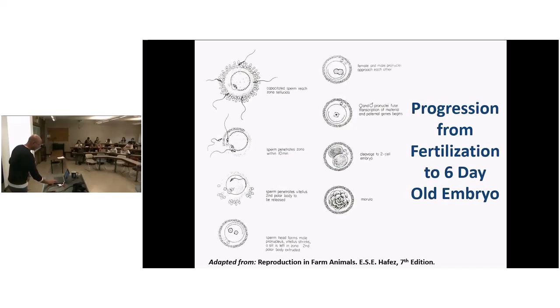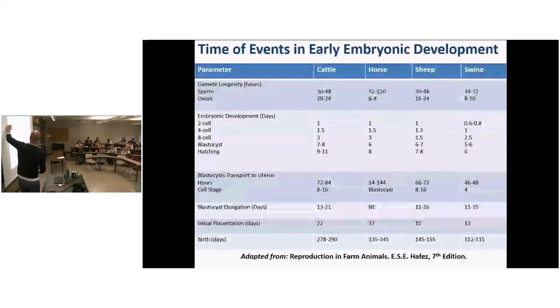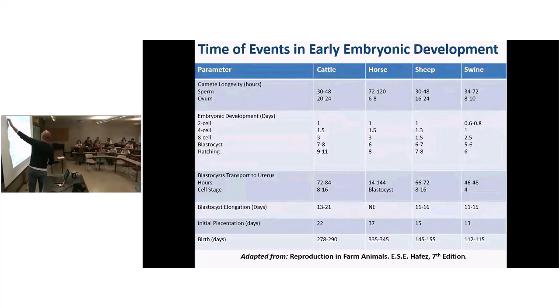Now, let's see some timeline of events. We have talked about some of these longevity times, in terms of how long the sperm cell lasts, how long the egg lasts. Pay more attention to the range. Sperm cell tends to last a lot longer than the egg.